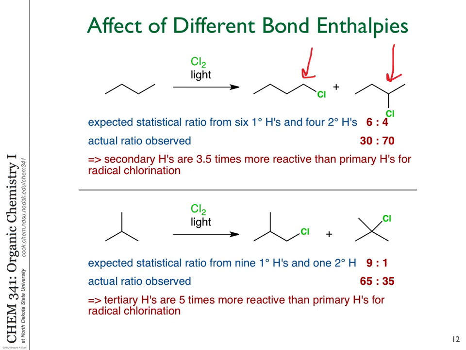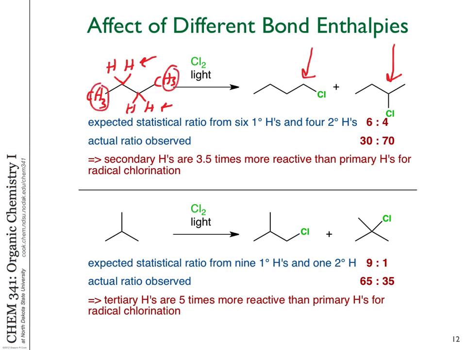If you just think statistically about the chances of forming those, on butane we have a CH3 here and a CH3 here, and two hydrogens here and two hydrogens here. So there are 4 equivalent secondary hydrogens, and there are 6 equivalent primary hydrogens.